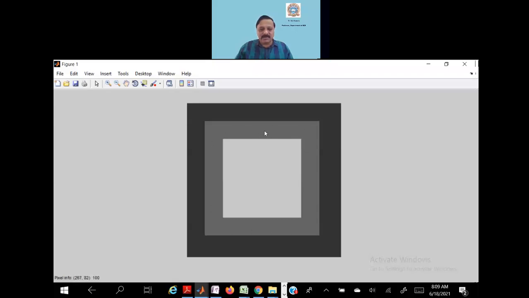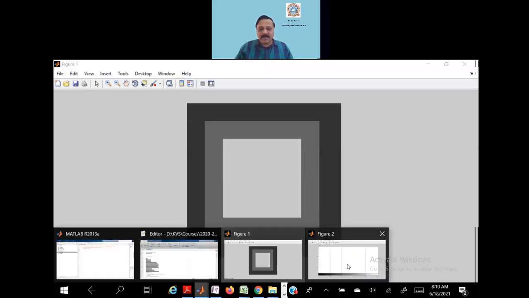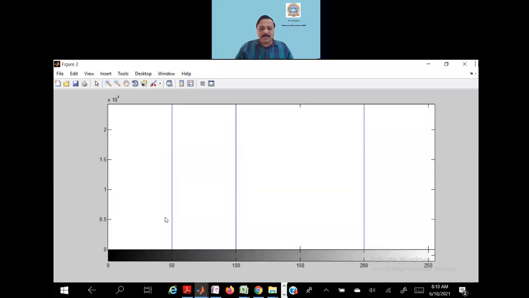Obviously the histogram would be three spikes like this: one at 50, another at 100, and another at 200.